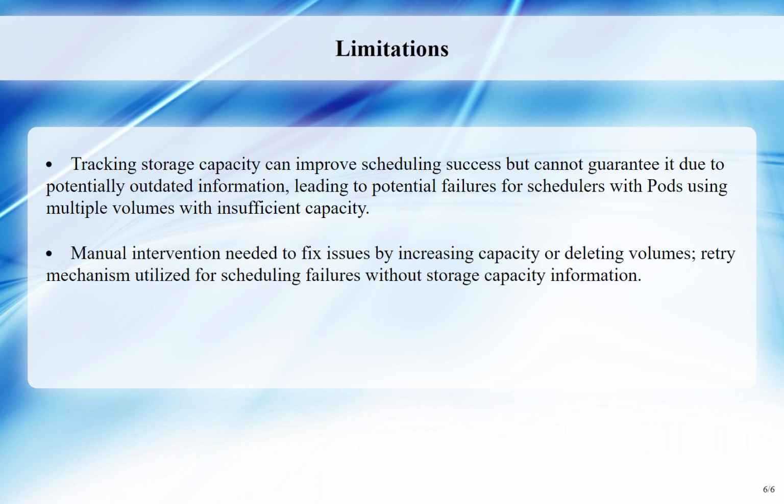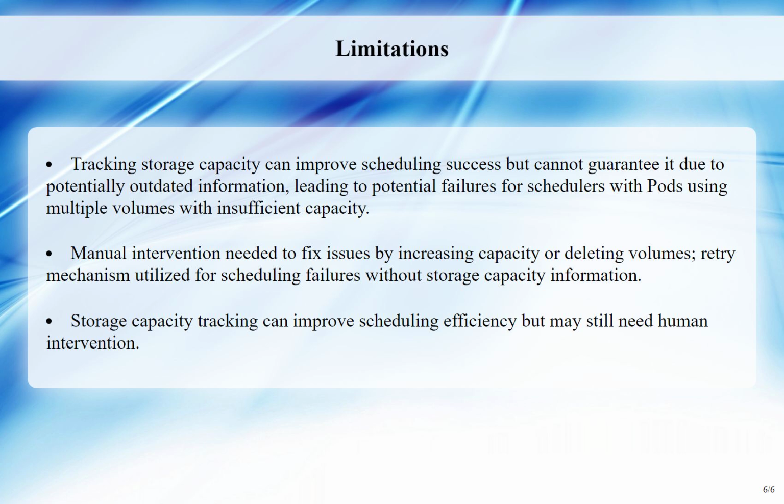In such cases, manual intervention is required to rectify the situation, such as increasing capacity or deleting existing volumes. The retry mechanism for scheduling without storage capacity information is typically used to address such failures. Ultimately, while storage capacity tracking can enhance scheduling efficiency, it is not foolproof and may require human intervention in certain scenarios.